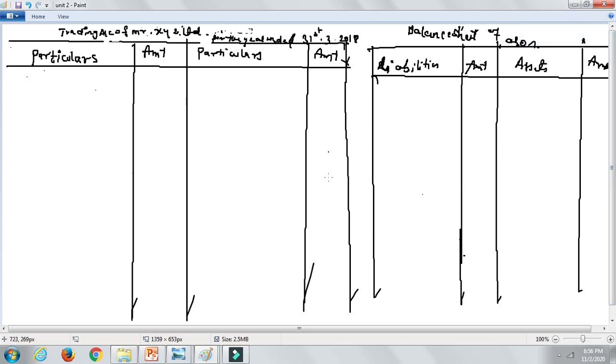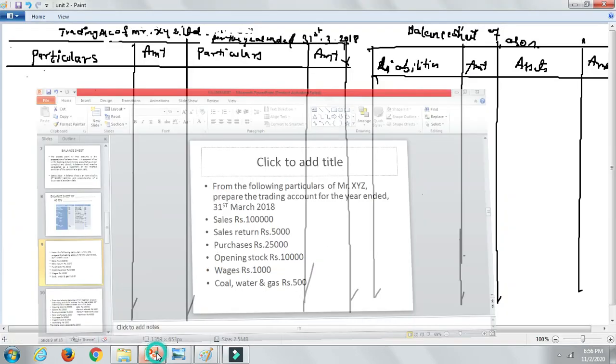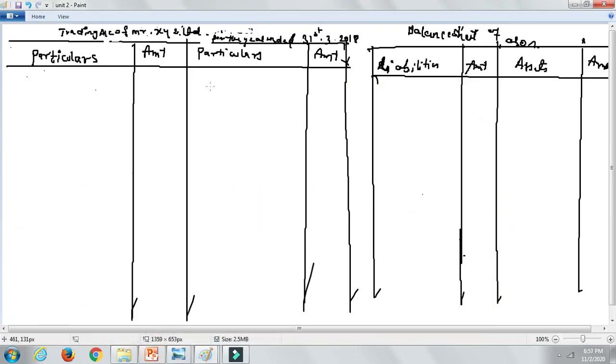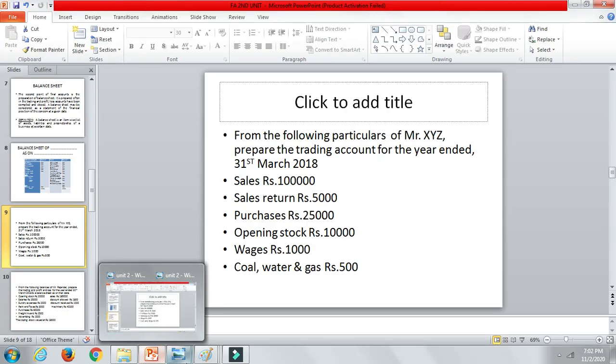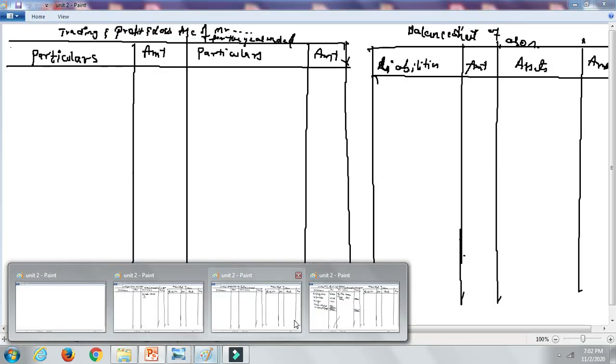Let's do the problem simultaneously. What is the sales? Sales are 1 lakh and sales return is 5,000. As it's an income, it will come on the credit side. By sales 1 lakh. You have sales 1 lakh and sales return 5,000, so you need to deduct both.